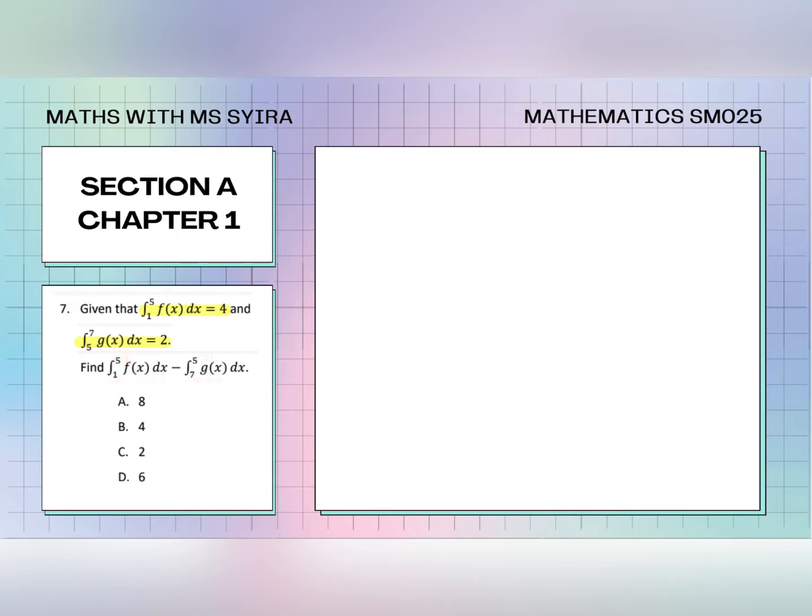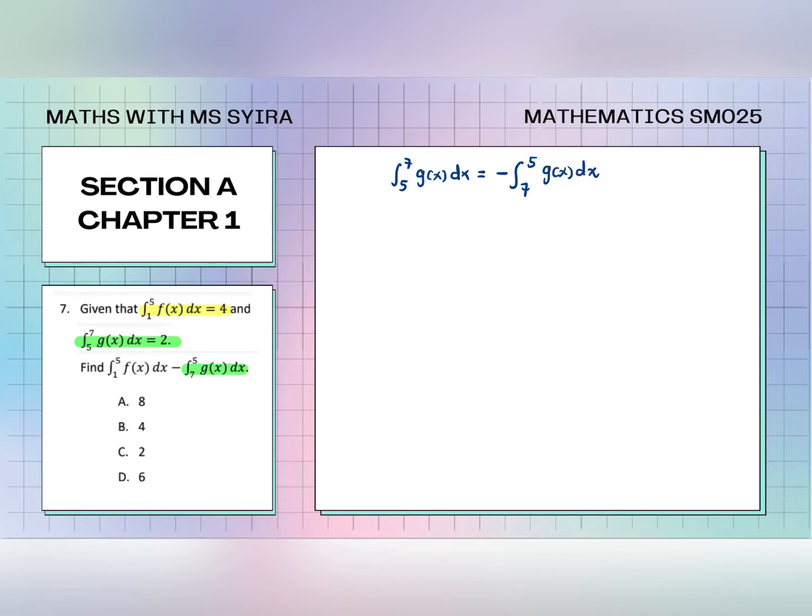So we can see that here it is reversed. Here 5 to 7, here 7 to 5. We know the rules of definite integral: the integral of g(x) dx from 5 to 7 is also equal to the negative of the integral from 7 to 5, reversing it.